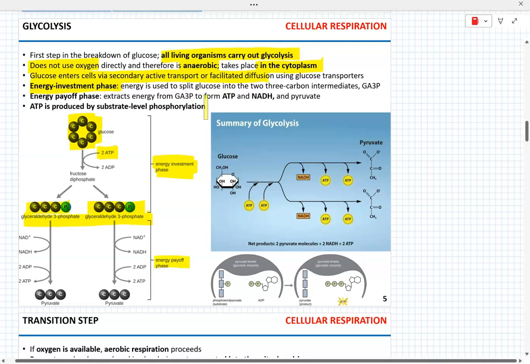Then, during the energy payoff phase, molecules of glyceraldehyde 3-phosphate transfer energy in the form of high energy electrons to NADH, and transfer phosphate groups to 4 ATP molecules, resulting in 2 molecules of pyruvate.